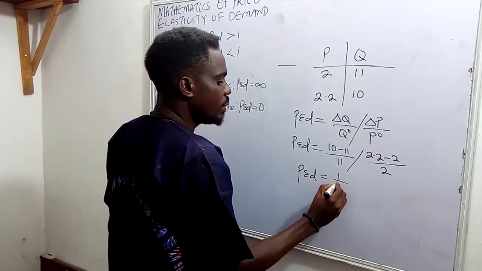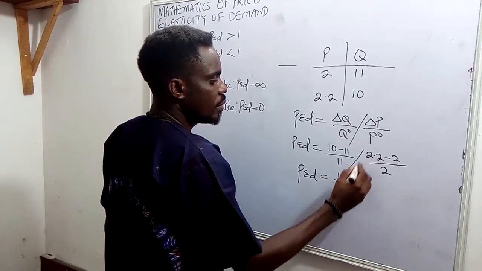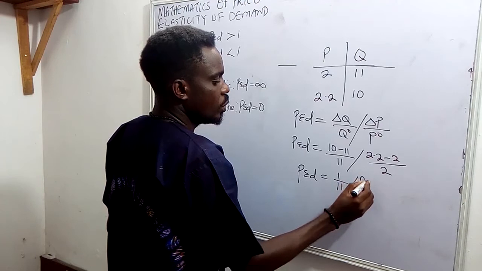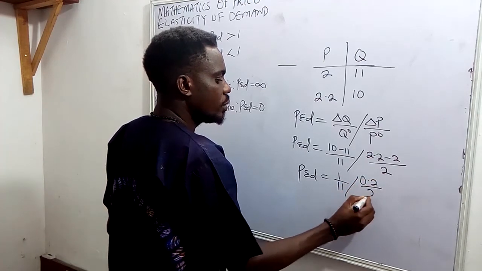This is 1 divide 11 divide 0.2 divide 2.